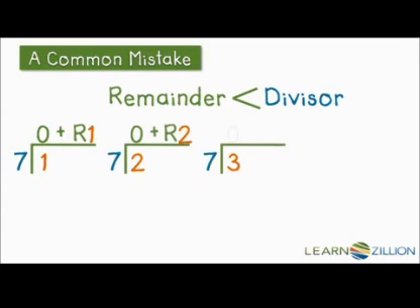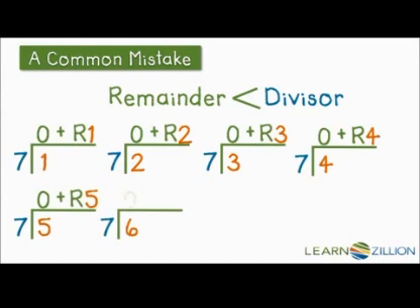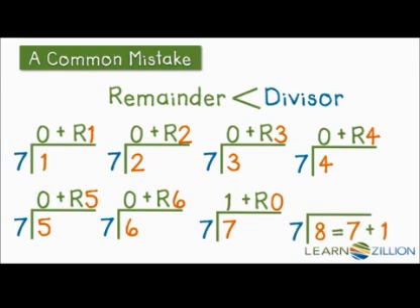Same applies for 2, 3, 4, 5, and in this case 6, because any dividend less than the divisor we can't take an even whole number group out of. Once we get to the divisor, we can subtract one group of 7 out of it. Same with 8. We can subtract one group of 7 and we'll have 1 remaining.